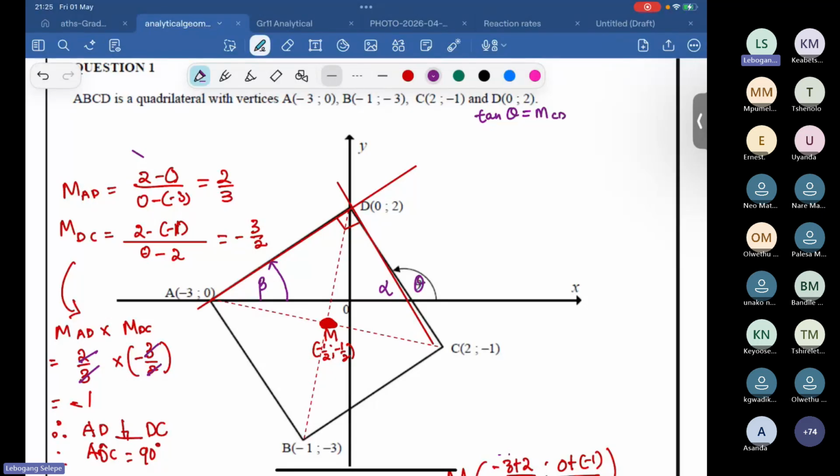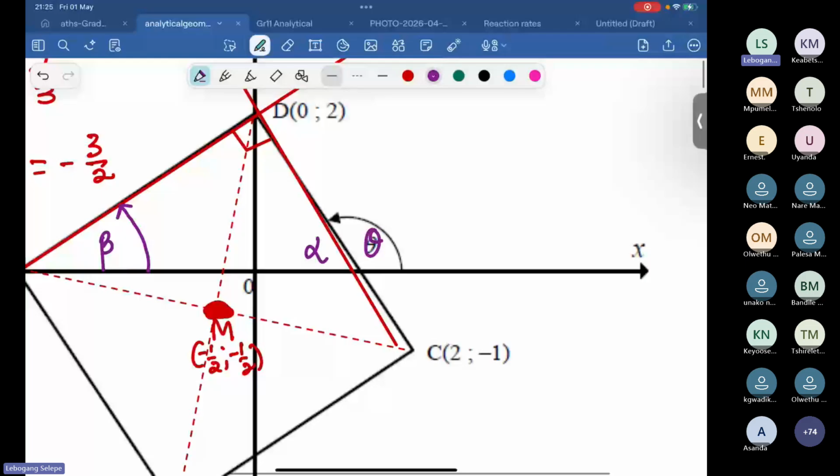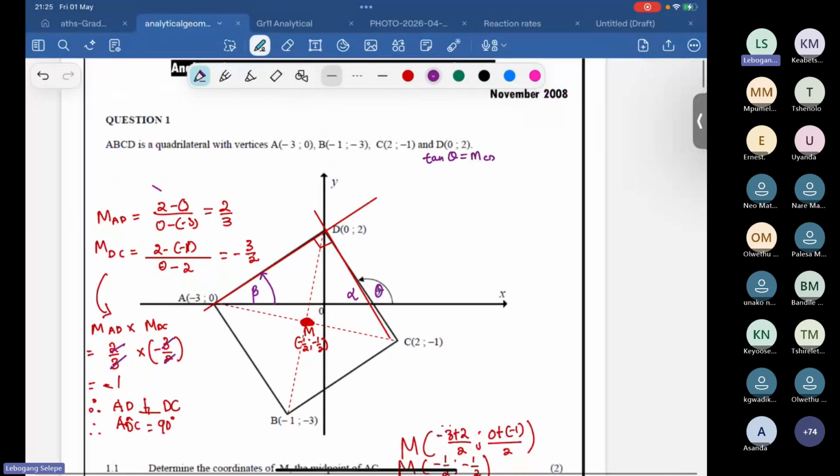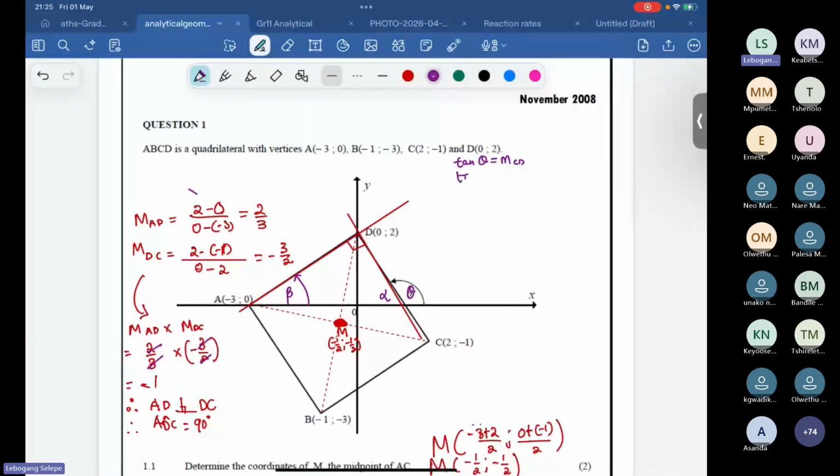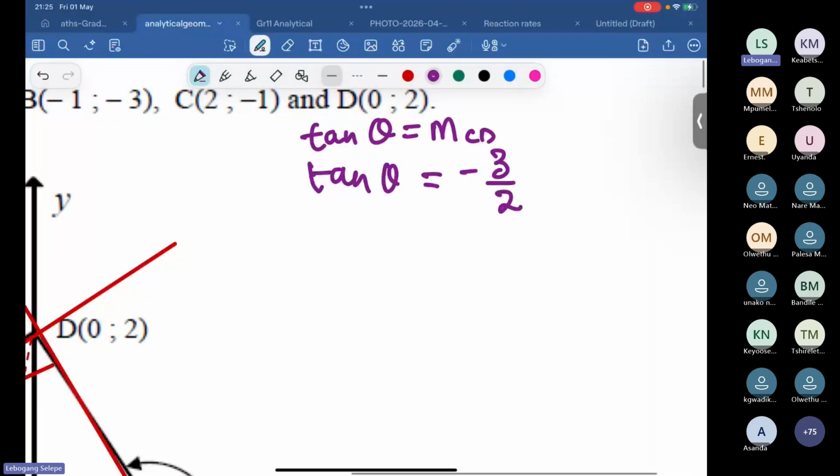Yes, because we can see that CD is the line segment that is making the angle theta. Perfect. So we say tan theta is equal to the gradient of CD, which we calculated as negative 3 over 2. Now, we say theta is equal to inverse tan of negative 3 over 2.